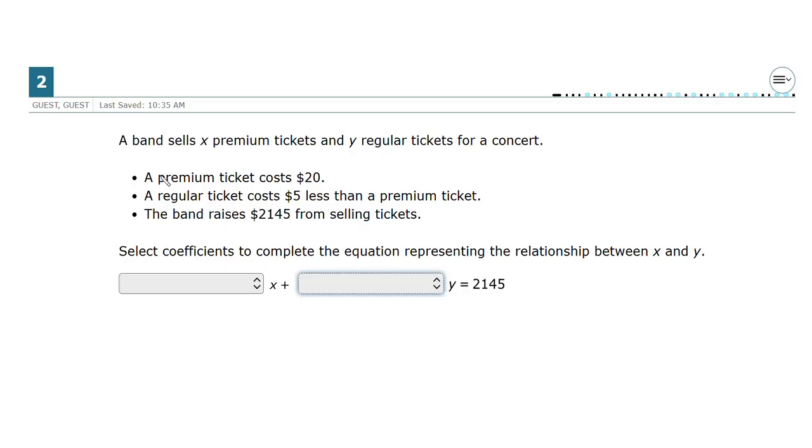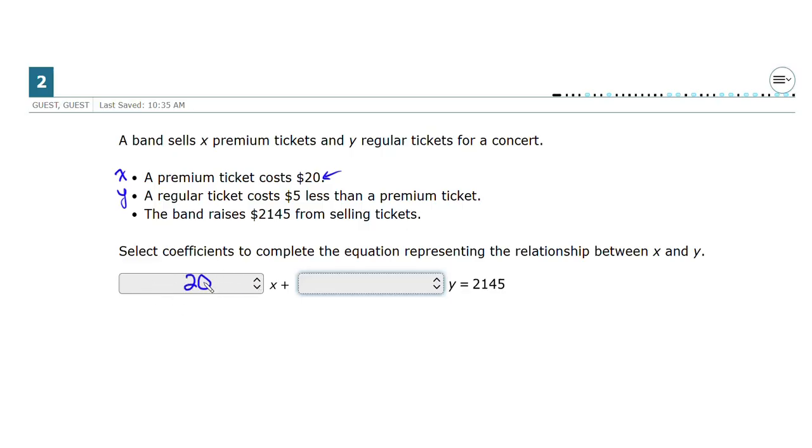So we know that premium tickets are X and regular tickets are Y. Then all we're doing is adding the coefficients in front of X and Y to show the value of each ticket. So a premium ticket, which is X, costs $20, so this is going to be 20X.